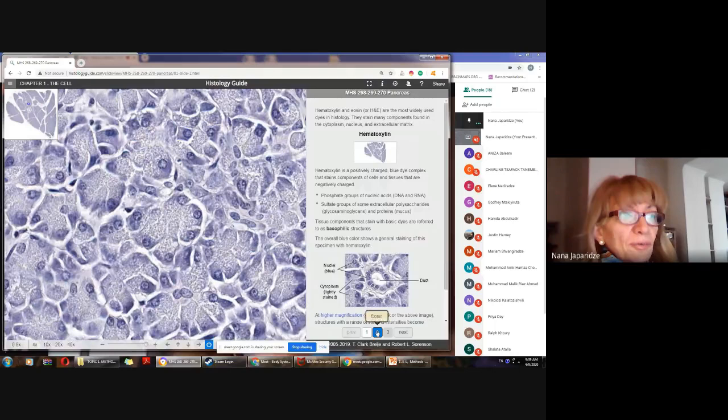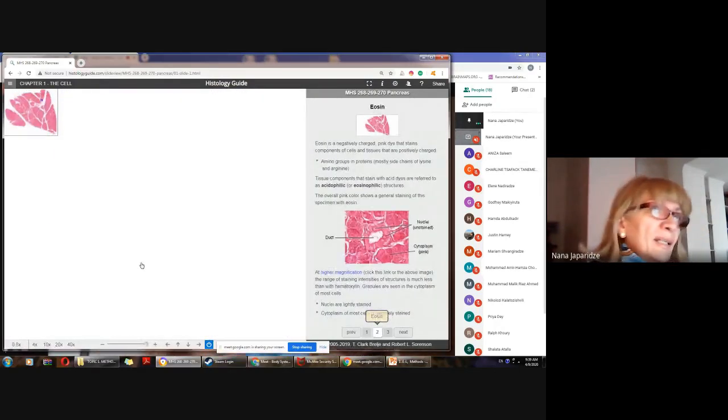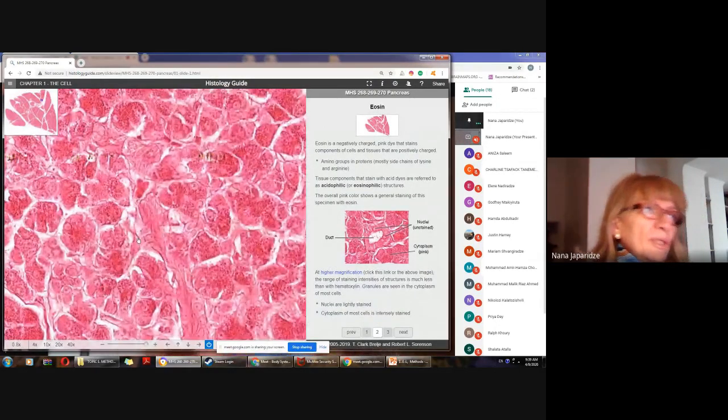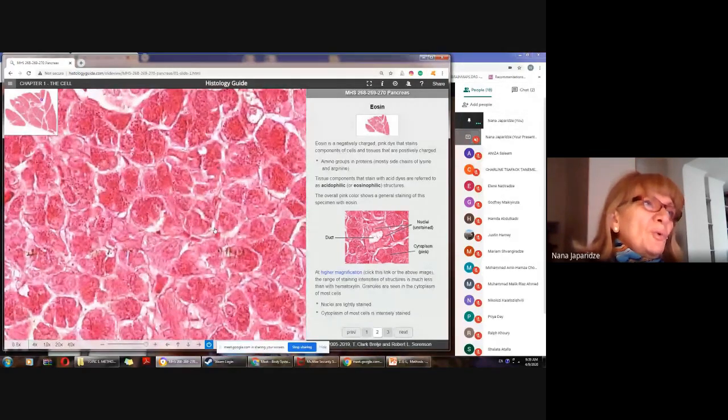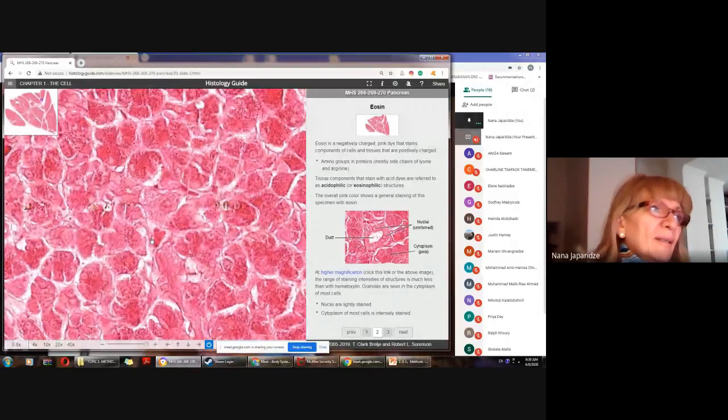In the case of acidophilic staining, when we use eosin, we can't identify so well and so clearly. However, it is of course possible.